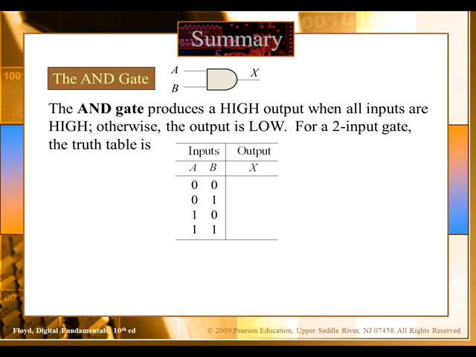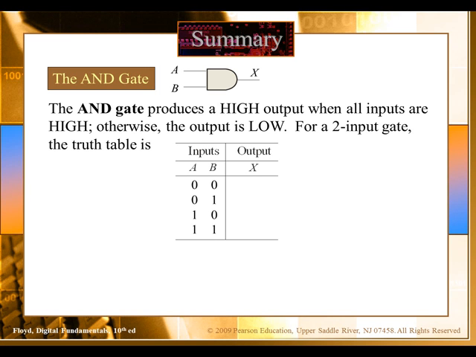Each logic gate will always have one output. X is the output. It doesn't matter how many inputs you have, all logic gates will have only one output. Because at the end of the day, whether it's an input or output, it will be either zeros or ones, right? This is a digital circuit.